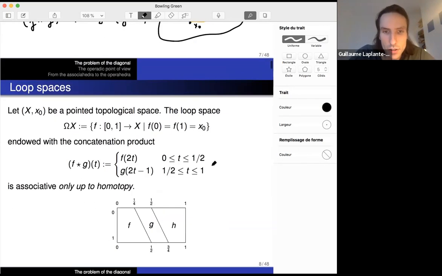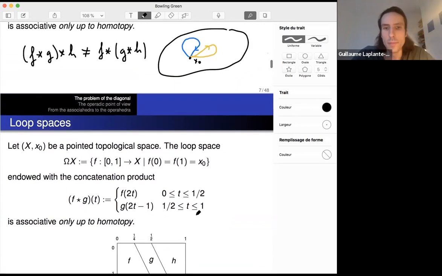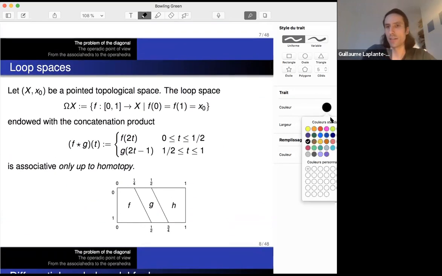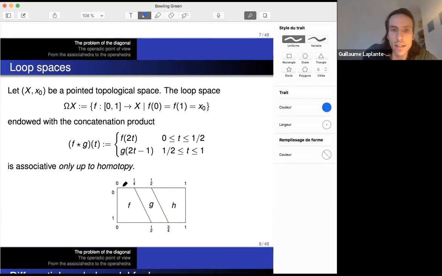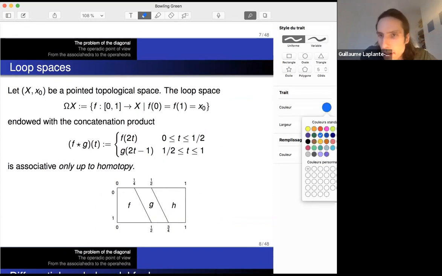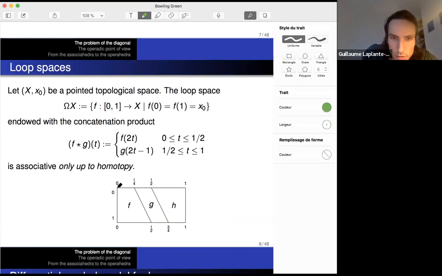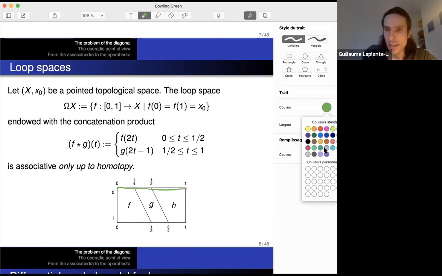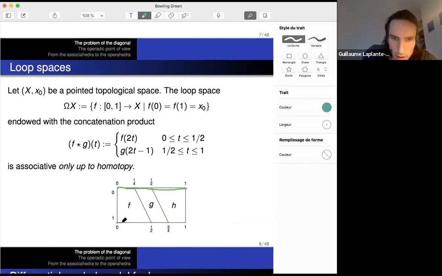You can see these two parameterizations: one is on the top line here, and there's another one on the bottom line here, and you can actually find a homotopy between these two parameterizations.